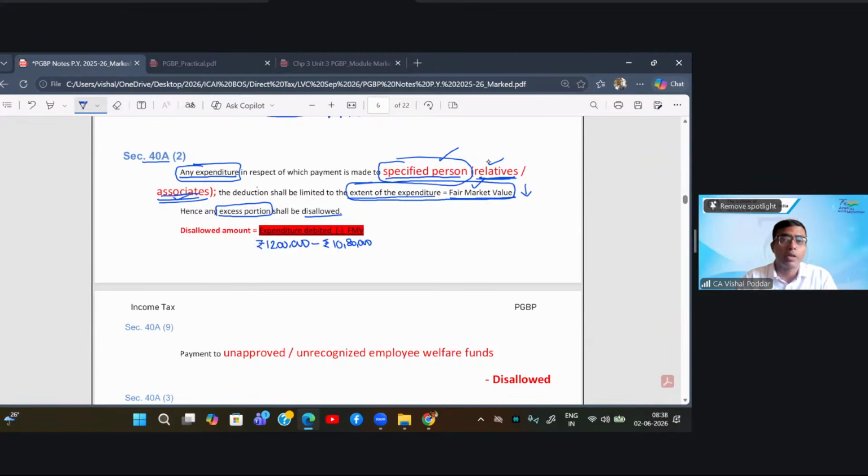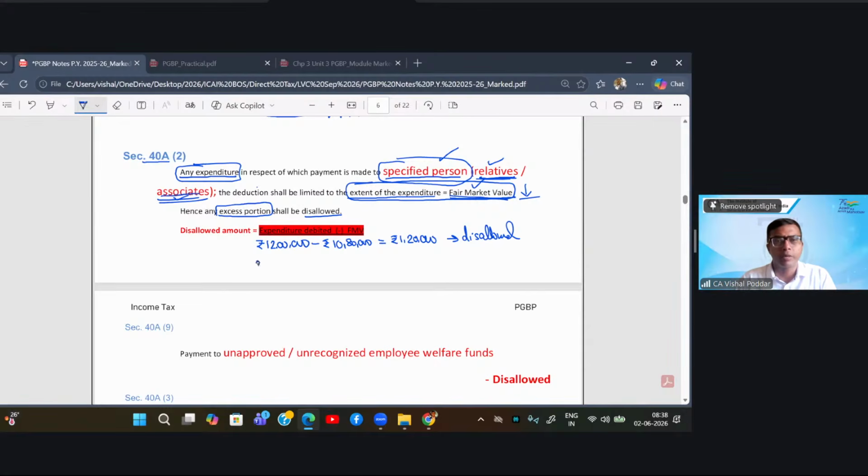So the fair market value of same item in the market is 10.80 lakhs. You have shown as purchase of 12 lakhs. So how much excess you are showing? The excess is disallowed. So whatever is the excess, that will be disallowed. If your payment is equal to fair market value or even less than fair market value, I have no problem.